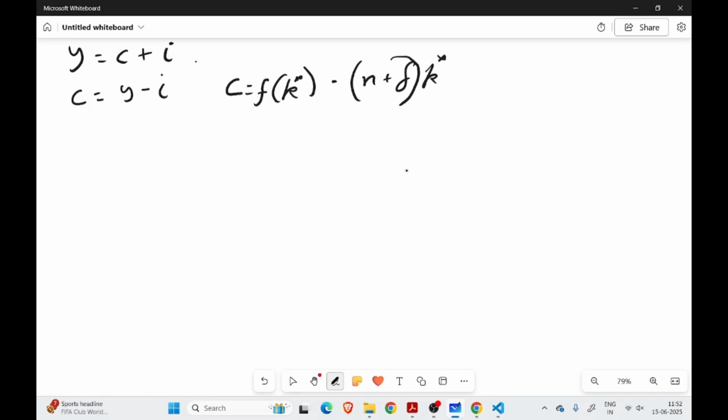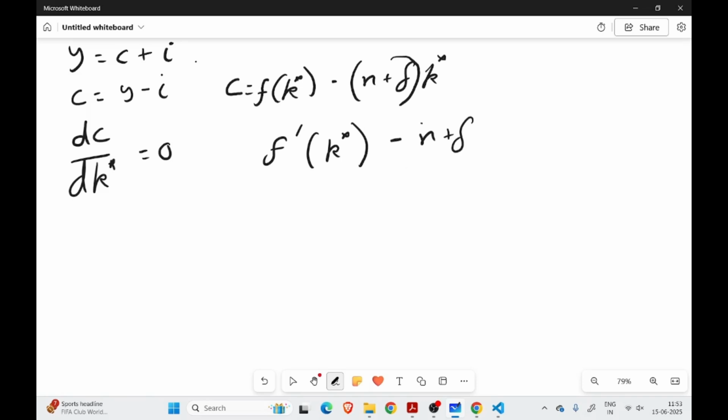Now we have to find the value of k star that maximizes c. So according to the first order condition for maximization, we take dc/dk star and we equate this to 0. Therefore we get f dash k star minus (n plus delta) equal to 0, since dk star/dk star is equal to 1.